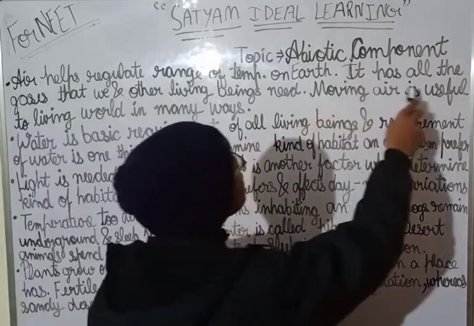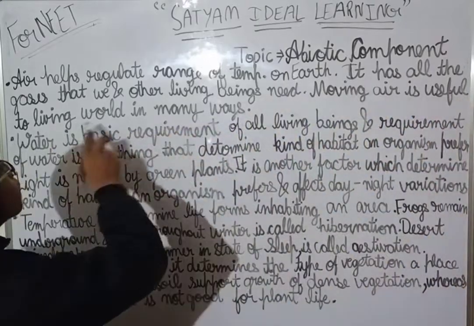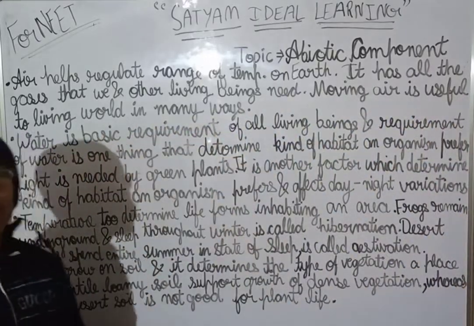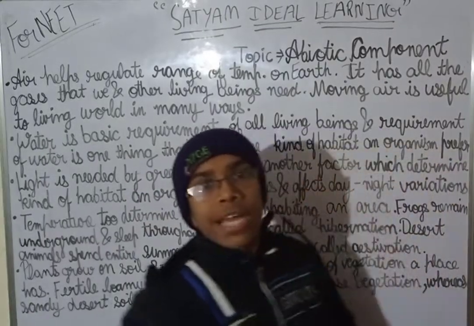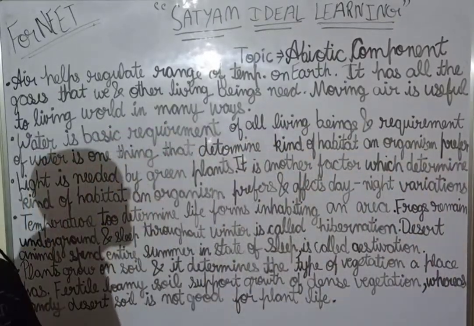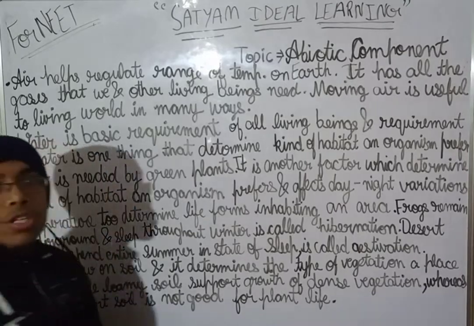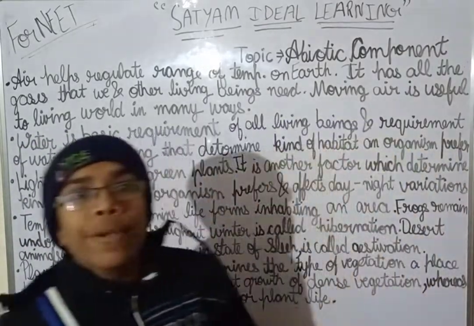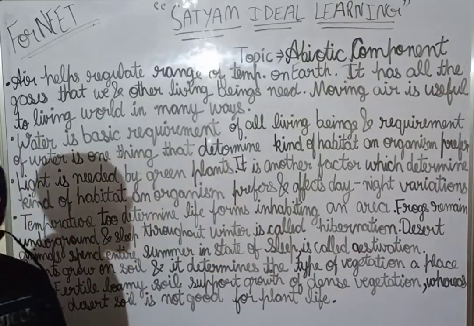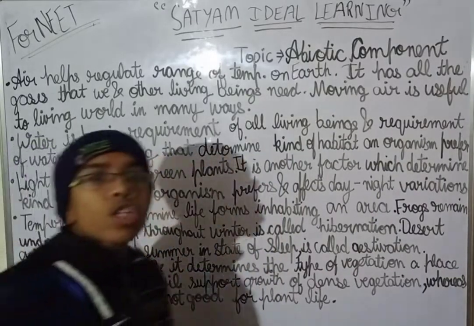Now, moving on, air is useful to the living world in many ways. First of all, I want to say something about carbon dioxide also. Carbon dioxide helps in photosynthesis and the trapping of heat. And ozone also.